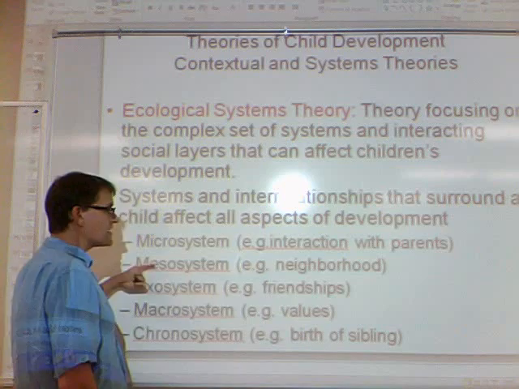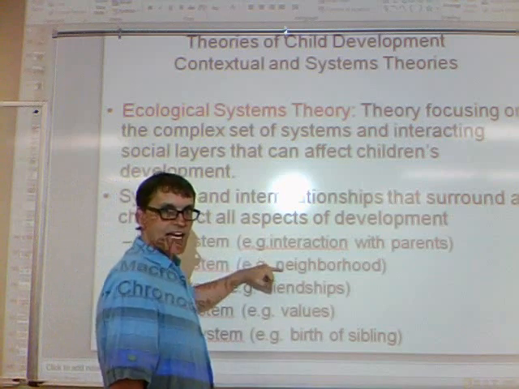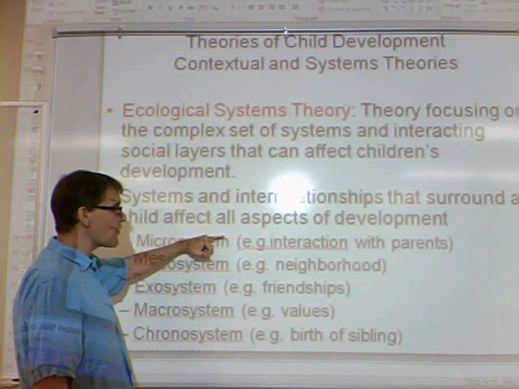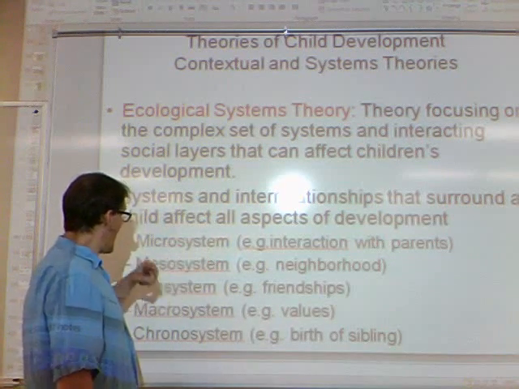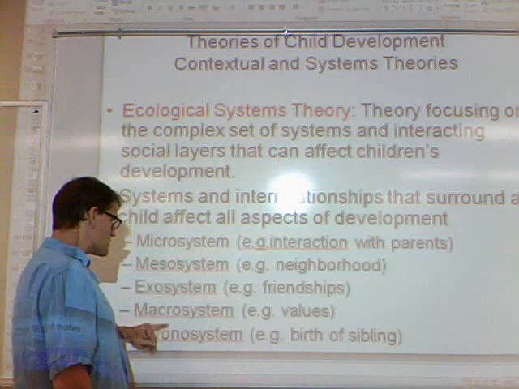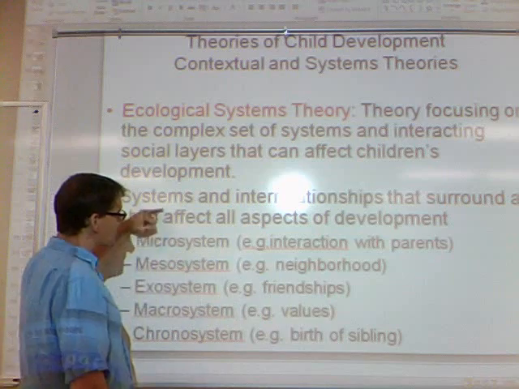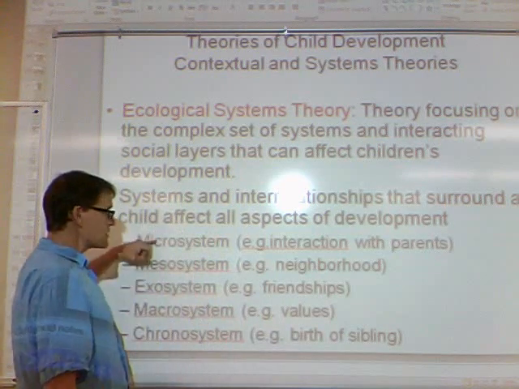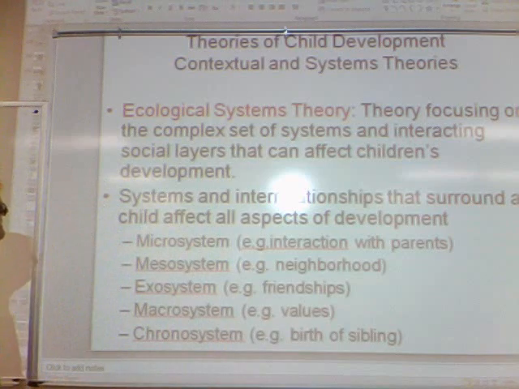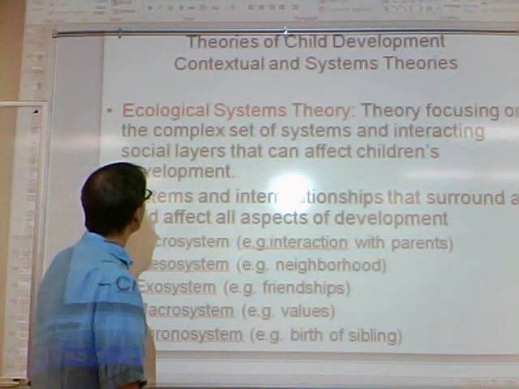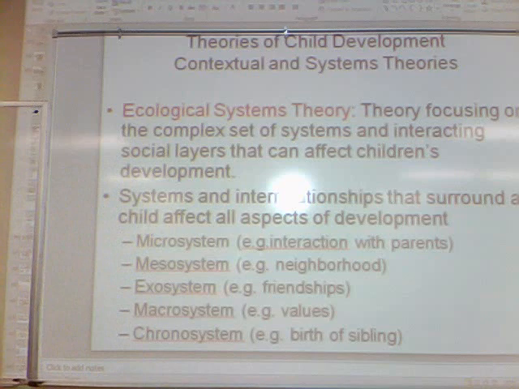However, the child is also having interactions with the neighborhood, and those in turn affect how they interact with their parents. And there's an exosystem, friendships that they might have, and values. Suffice it to say, these different layers of social relationships influence each other. Read your book. I am not doing justice to it. What can I say? I can't be an expert on everything.